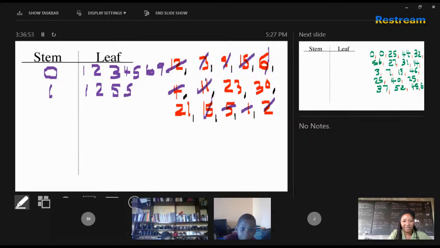For the 20s, we have a one first for the 21 and a three for the 23. And for the 30s, we just have a zero. Okay. All right, and that's our stem and leaf plot.